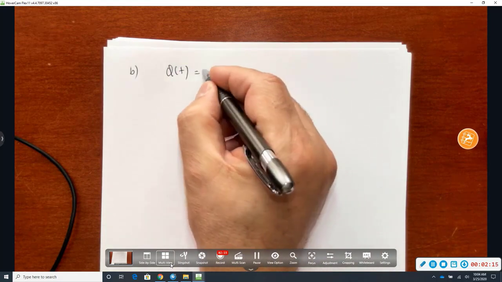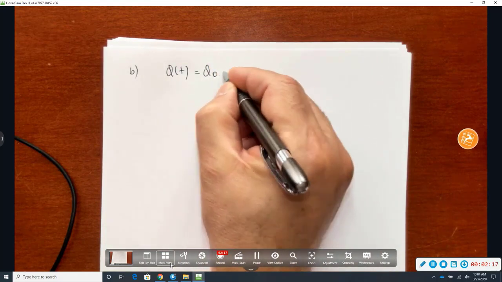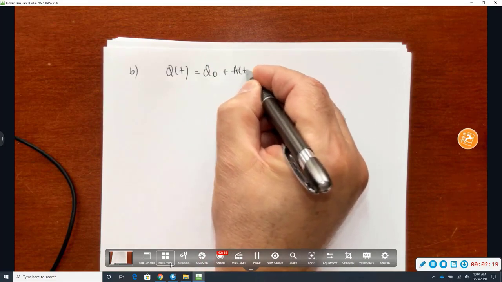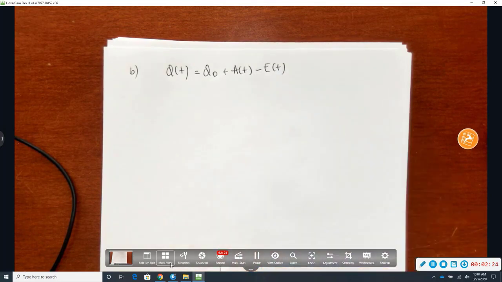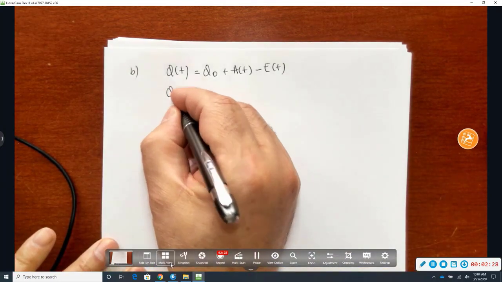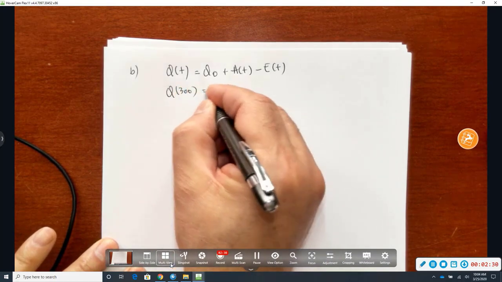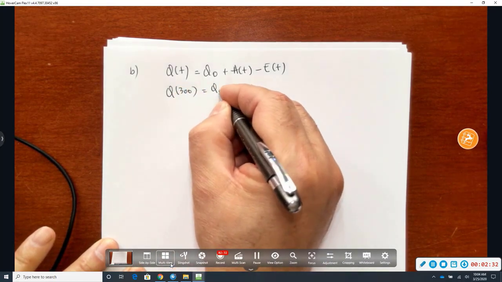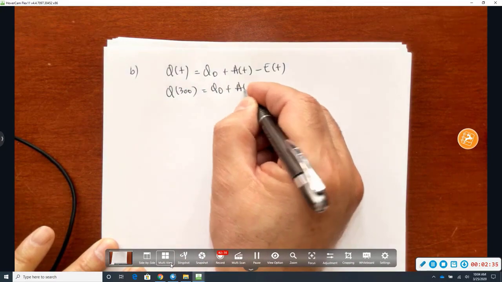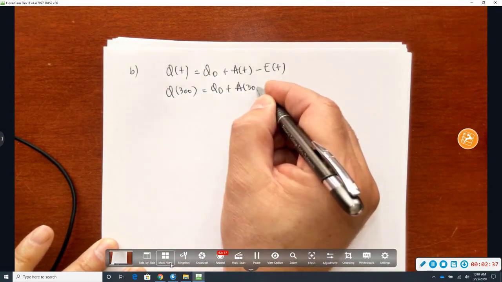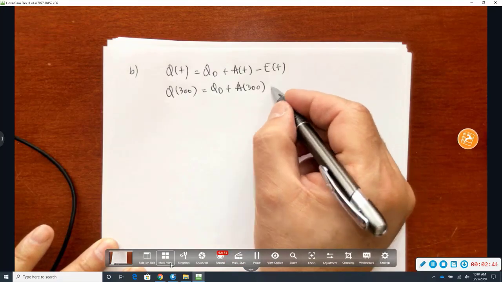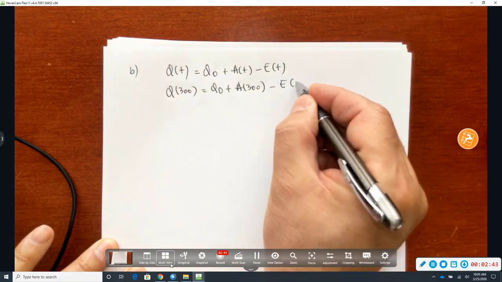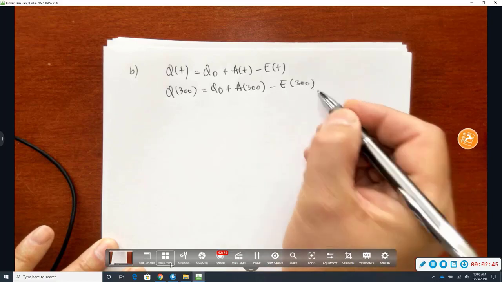Any quantity at time t will be the quantity at time 0 plus the quantity that's added throughout time minus the quantity that was eliminated throughout time. So at time 300, I have Q of 0 plus the number of people added up to 300 seconds, minus the number of people that will exit at 300 seconds.